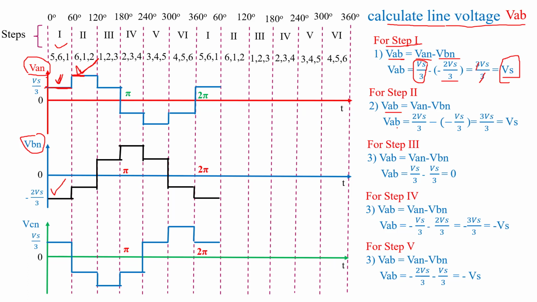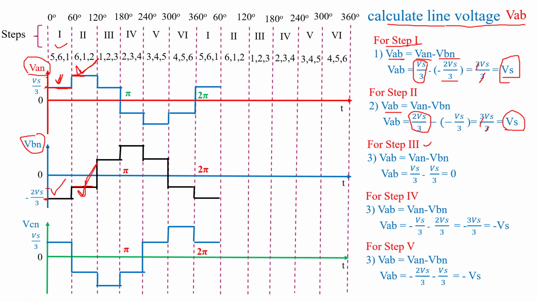Now VBN is minus Vs by 3 for step 2, so here I write minus Vs by 3 in the calculation. Minus minus plus, 3 Vs by 3. 3 cancel, we get Vs.